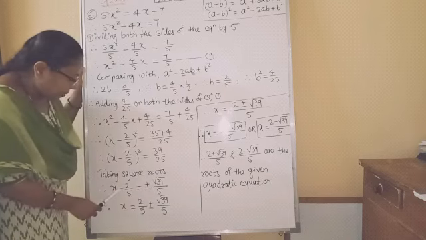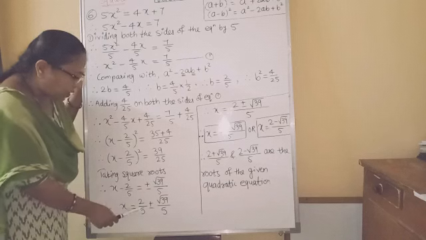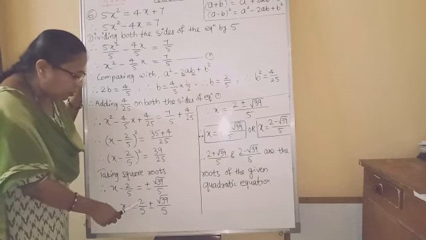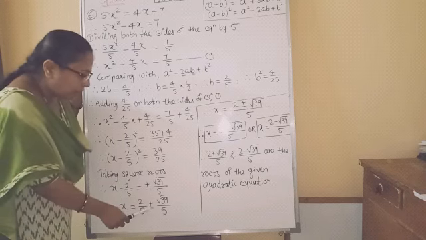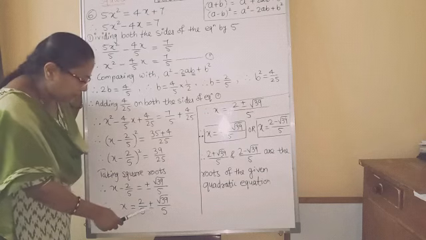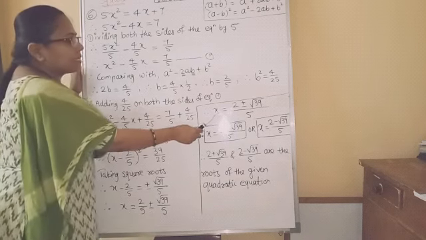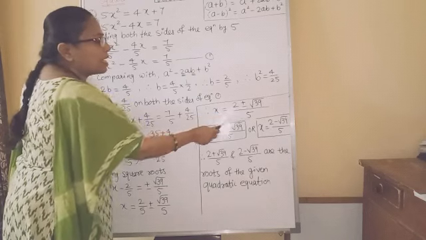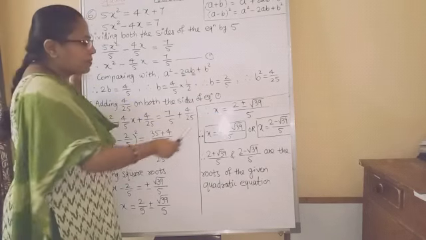Follow? Now take this minus 2 upon 5 on the right hand side. So x is equal to 2 upon 5 plus minus root 39 upon 5. So x is equal to 2 plus minus root 39 upon 5.